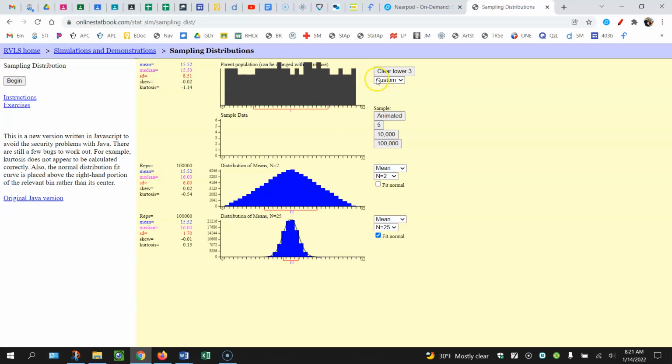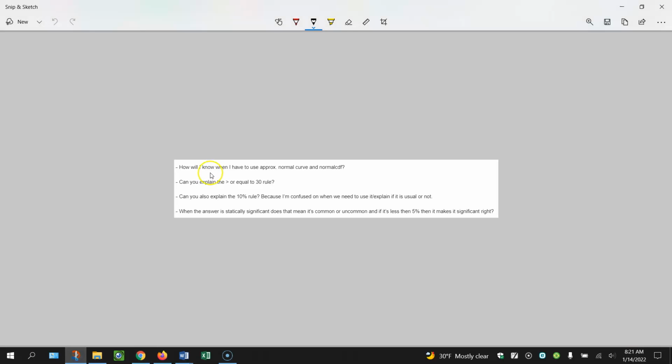If the sample size is large enough, the sampling distribution is going to be approximately normal. Doesn't matter what this looks like. So that's the second question, that the central limit theorem means the shape of the sampling distribution will be approximately normal. It doesn't matter what the shape of the population looks like.